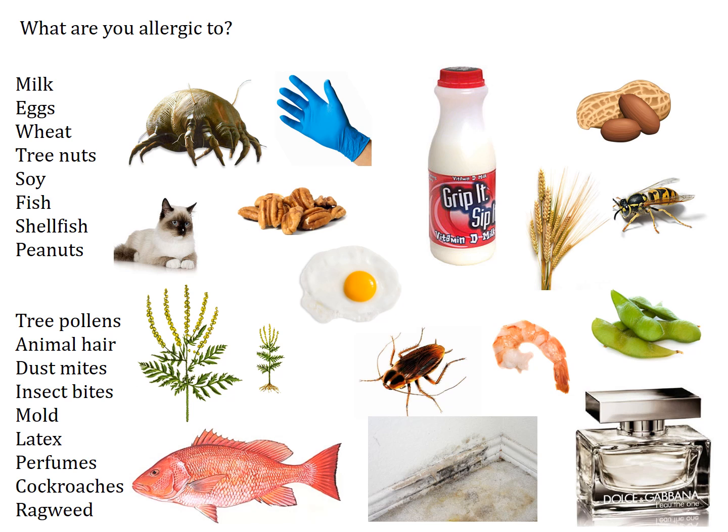Here are some of the most common things that individuals develop allergic reactions to. So on here, I've got the most common food products responsible for allergies, and then I have some of the most common non-food products responsible for allergies.